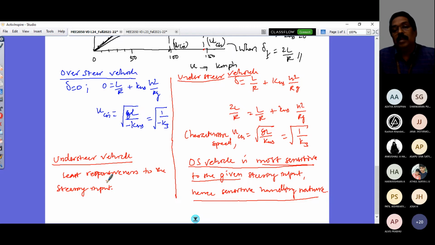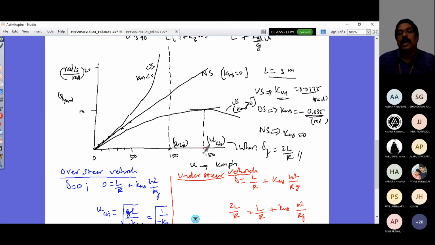So what does that mean? Say I have my vehicle designed for an understeer tendency. I have my understeer coefficient positive. And if I go at a smaller speed and I have to give my steering input for maneuvering, that's fine. We could correct it. If I have to go to higher and higher speed, like you see here, around 150 kilometers per hour, the steering input needed to negotiate becomes double what it would be for a neutral steer vehicle, right?